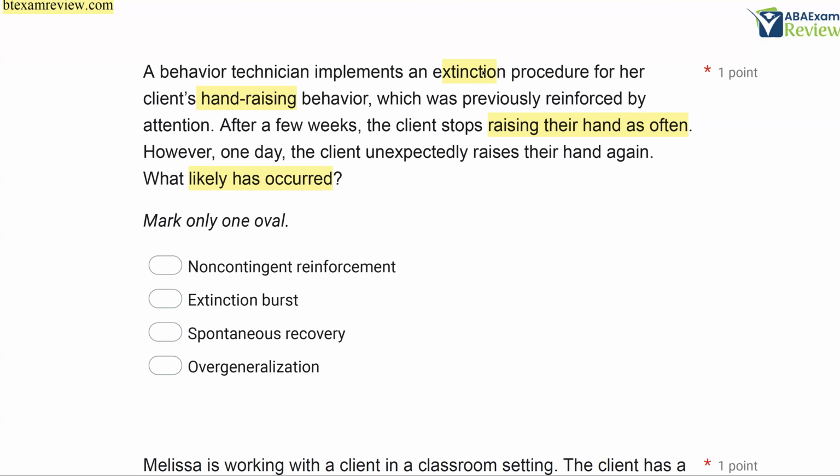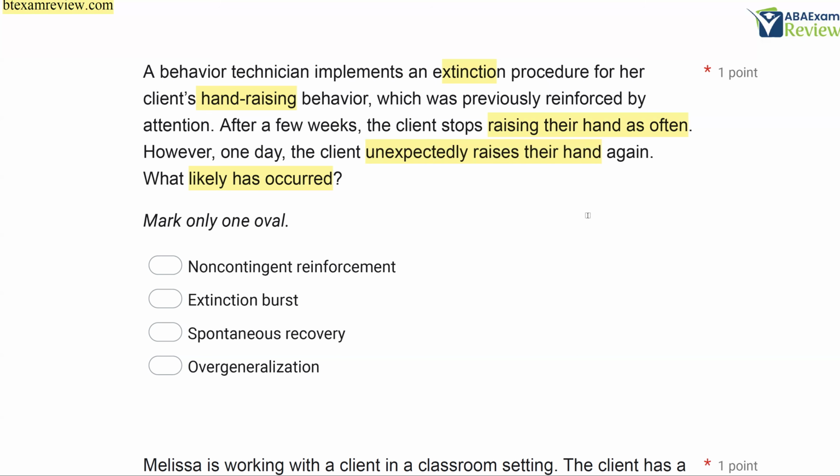So it appears that our extinction procedure was effective because the target behavior decreased. Now, when a behavior that was effectively put on extinction starts to come back, starts to recover, what do we call that? Because the client is unexpectedly raising their hand again.